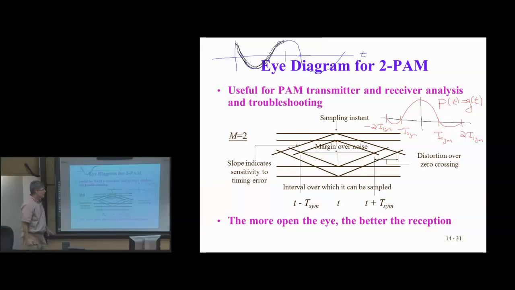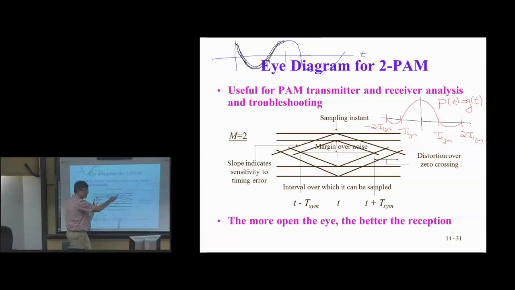So now if I get a transmitted PAM transmission, it's just a weighted combination of these, weighted and delayed and summed. And so if I take a received waveform and I plot it over 2 symbol periods, and the next received part of the signal, I just simply overlap in the first 2 symbol periods. I just keep tracing over again.